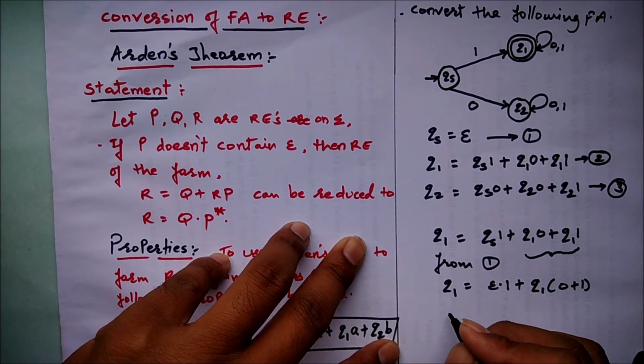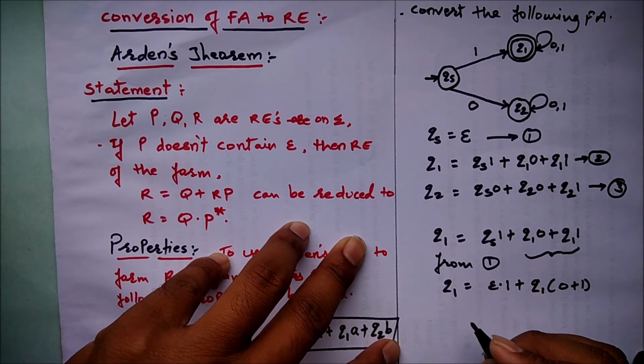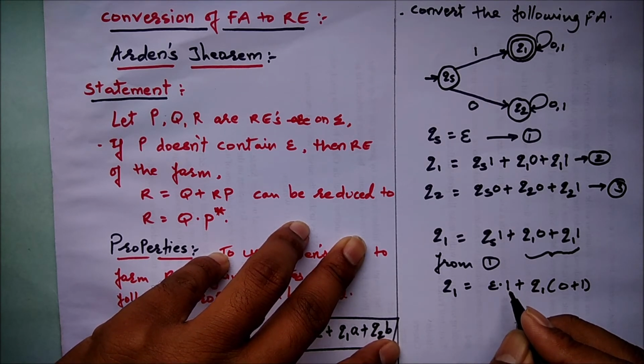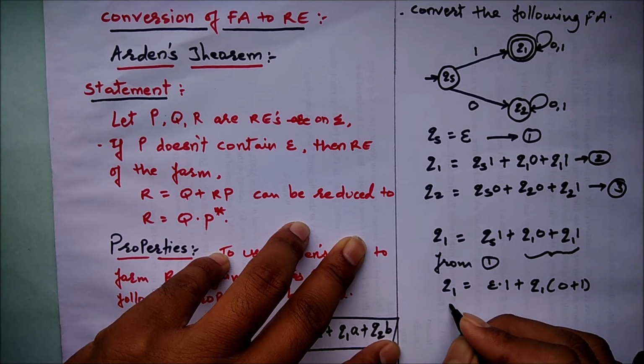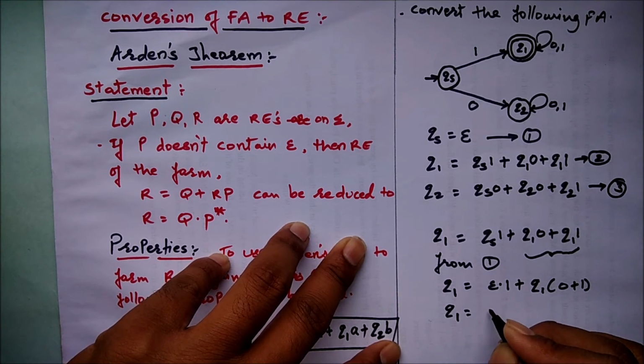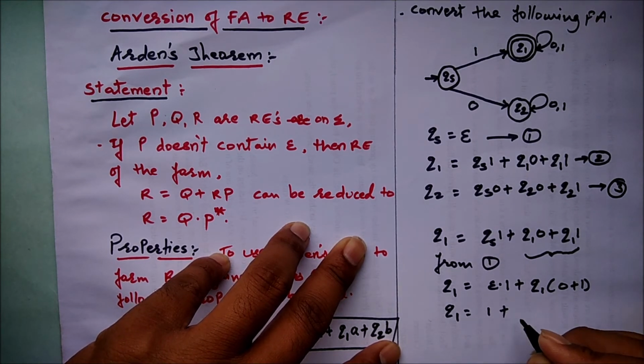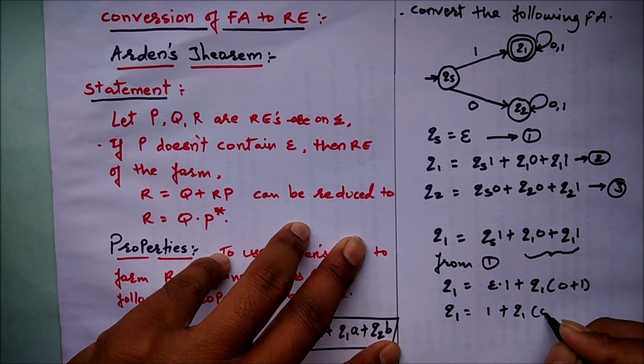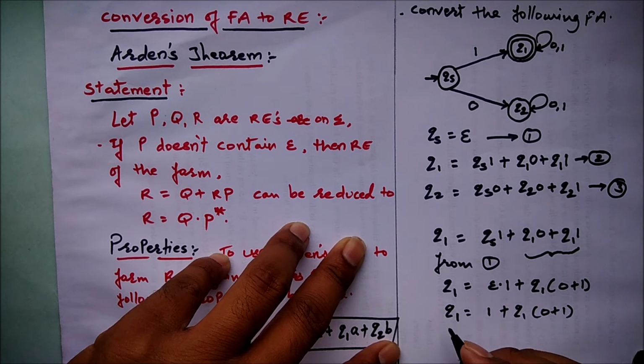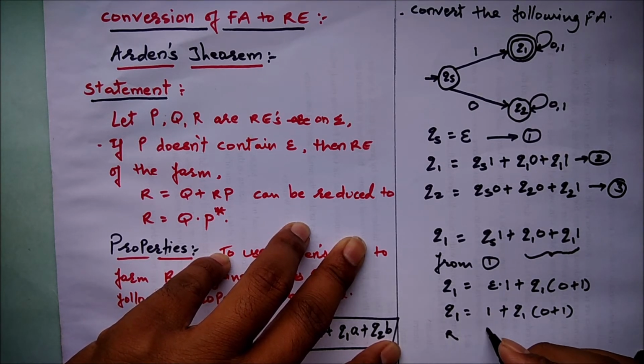It's very simple. So now what I can write, epsilon into 1 is nothing but 1. So I will write it as it is: 1 plus Q1 (0 plus 1), right? So now if you observe keenly, you can see this is your R, this is your Q, and this is your R and P, right?